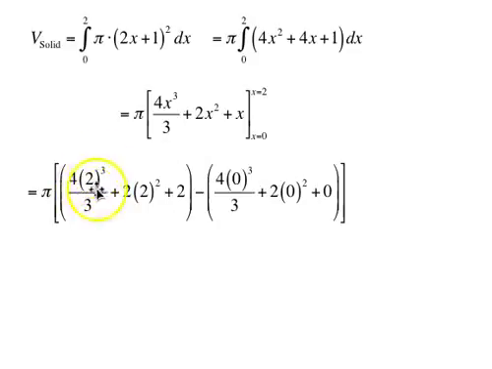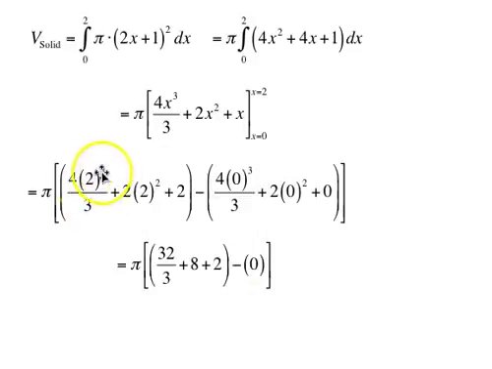Plugging in 2: 4 times 2 cubed over 3 plus 2 times 2 squared plus 2. Plugging in 0: 4 times 0 cubed over 3 plus 2 times 0 squared plus 0. Of course, this whole piece becomes 0. 32 thirds plus 8 plus 2 is 32 thirds plus 10, times pi, and we get 62 pi over 3 as the volume of the solid that we're given.